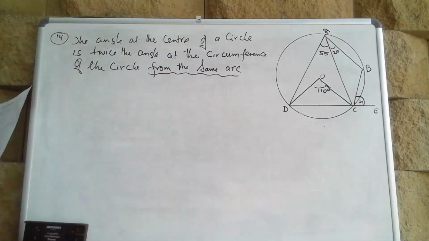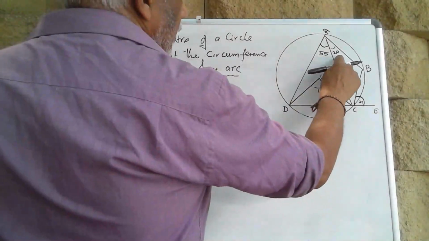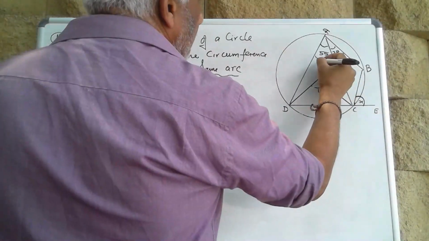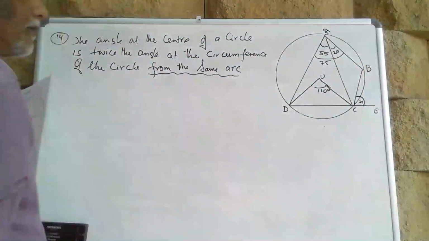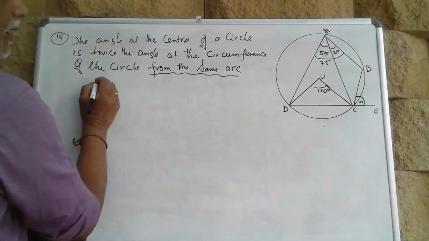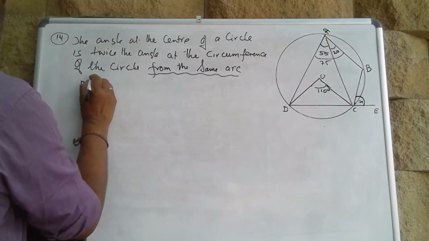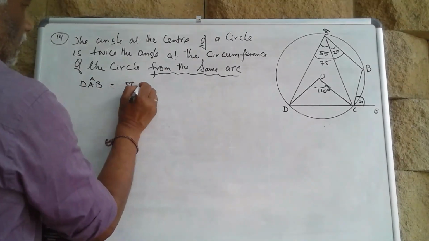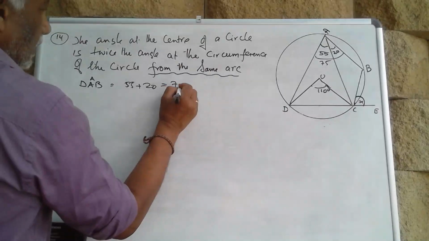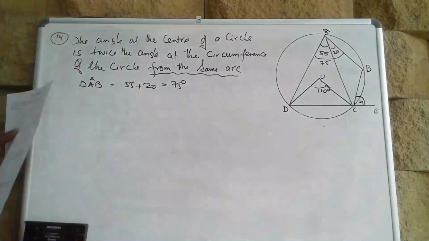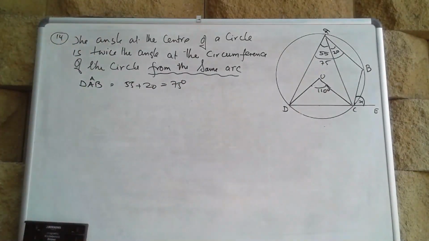Now, if you look at the angle, 55 plus 20 is going to equal 75, right? Therefore, you can say angle DAB must be 55 plus 20, which is 75 degrees. So we know that's 75. Now, look at that.